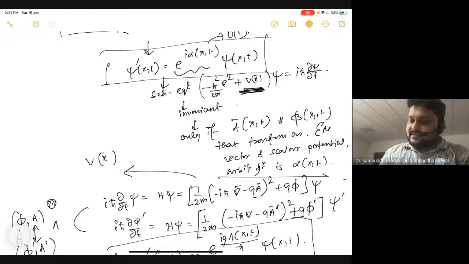Then of course the extra terms that will pop out from the local gauge transformation, this field will not be able to counter that. To counter that, you need a field that transforms the way the electromagnetic gauge field transforms. Make sense?